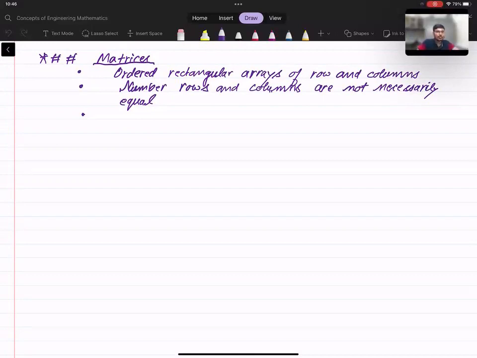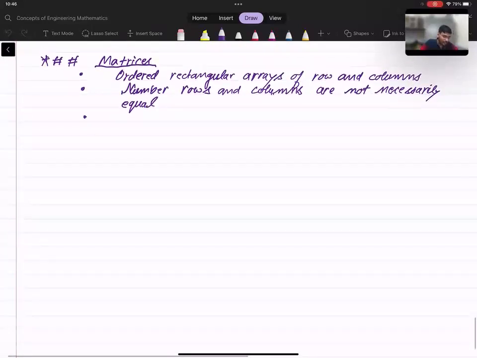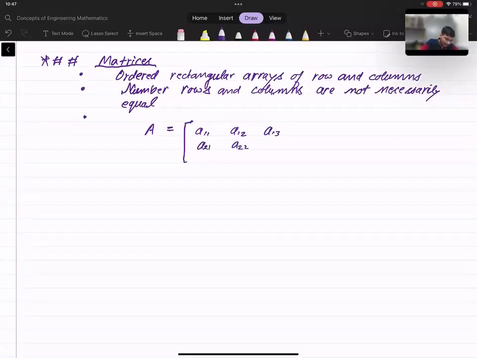So the way of representing a matrix is using a symbol like square brackets. Some enlarged brackets will enclose the rows and columns here. Suppose we have a matrix A, then it is represented as A11, A12, A13, A21, A22, A23, A31, A32, and A33.